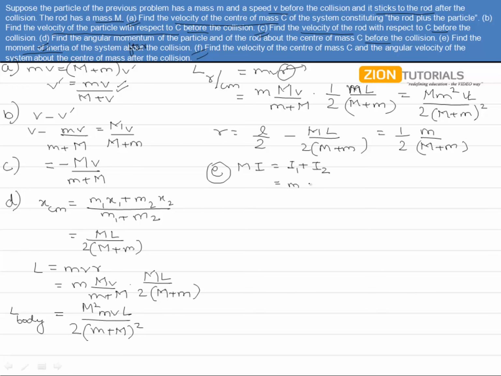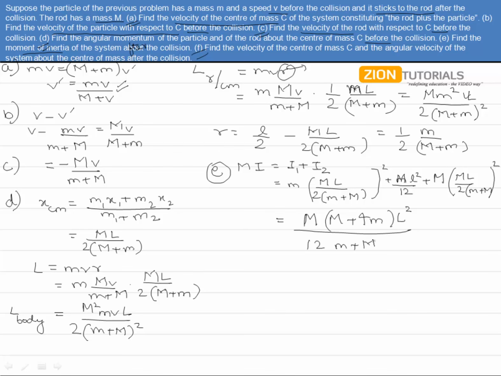So here we can write it as m r squared, where r is ML over 2 times m plus M whole square, plus ML squared by 12 because it is about the center of mass, plus capital M. Now this was the capital M because the mass of the rod was there, plus capital M into r squared, that is mL over twice of m plus M whole square, giving us the moment of inertia to be Mm into M plus 4m L squared upon 12 times m plus M, not whole square actually, because the square won't be there, because it will be cancelling out from above, because you will be getting a factor in the numerator also.